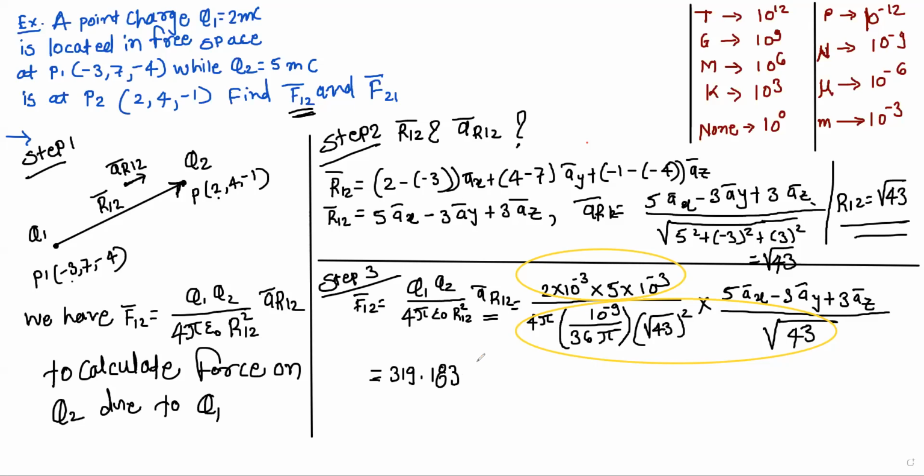319.183 into bracket the vector as it is, 5 a bar x minus 3 a bar y plus 3 a bar z. Check whether you are getting this answer or not. If not, you just tell me.